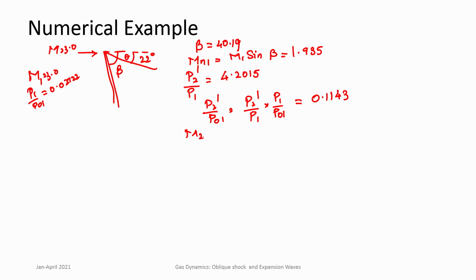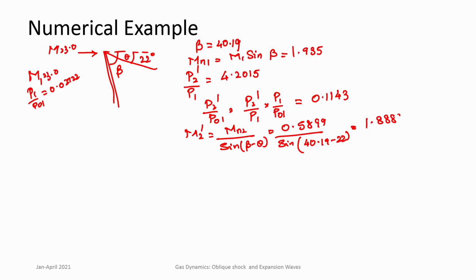So this value is 0.1143. And what is the Mach number? M2 prime is Mn2 by sine of beta minus theta, 0.5899 by sine of (40.19 minus 22), which turns out to be 1.889. Now we go from region 2 prime to 3 prime on the lower side. Here it's an expansion fan, delta theta is 20 degrees.